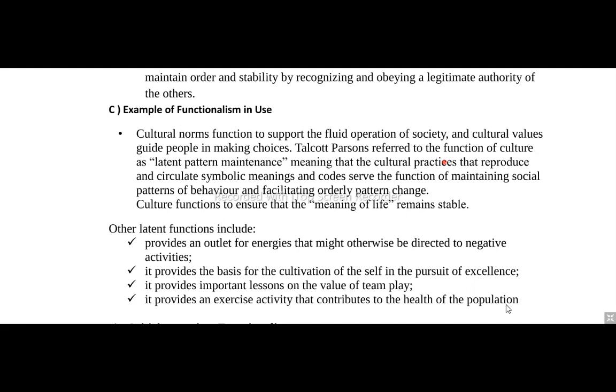For example, when you entered Machakos University, you are given those rules and regulations. Those rules and regulations are not hung somewhere in Machakos University that every time you are passing there, you read. You have already internalized. So those are the norms of Machakos University. And that is what you follow.